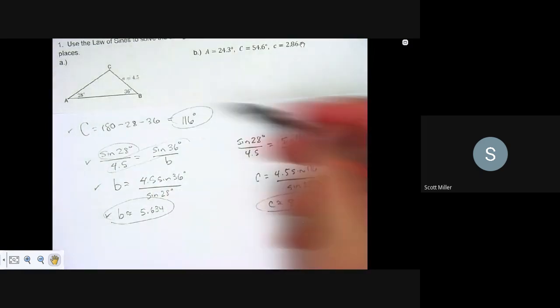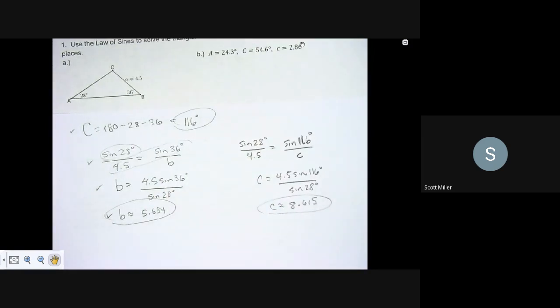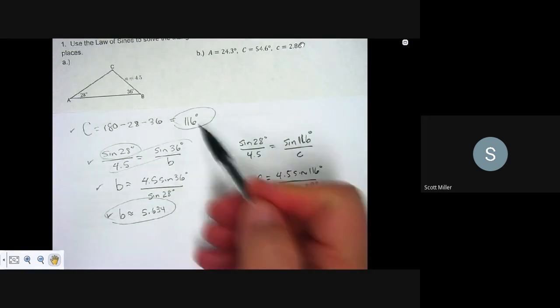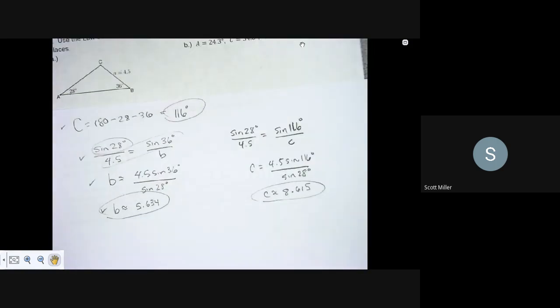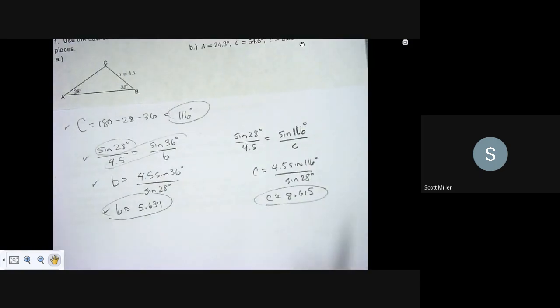Here's all the work that I would be looking for and giving points for. This problem was probably worth on a test like 6 to 7 points. 1, 2, 3, 4, 5, 6, 7. So make sure you show all the work nice and neat in this fashion because this is what I'll be looking for. So that's how we do law of sines.